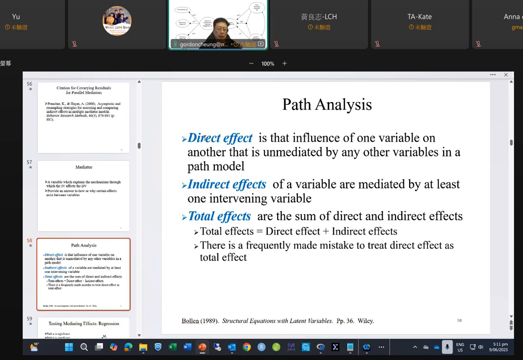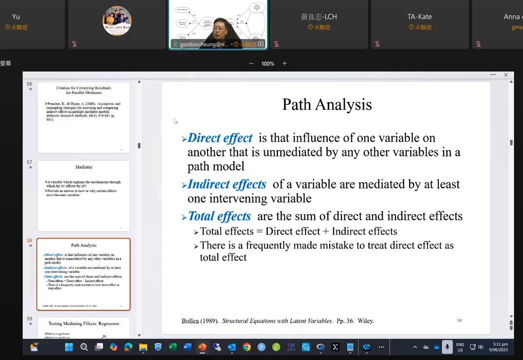It is the major objective of a path analysis. In a path analysis, there are three types of effects we can estimate: one is the direct effect, one is the indirect effect, and one is the total effect.